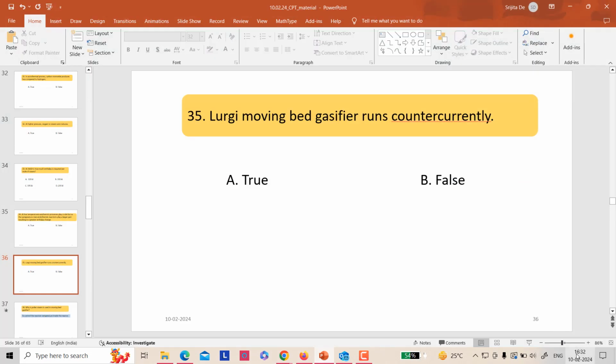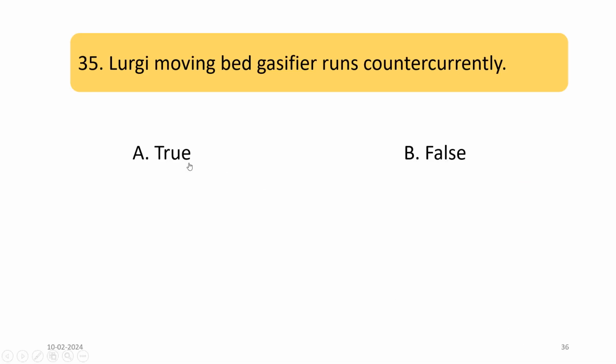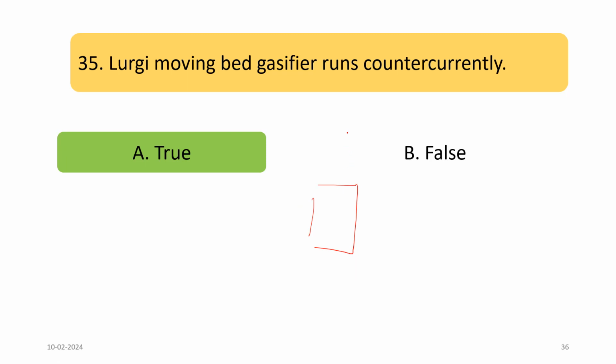No, it is true, because in the reactor here, coal is coming from one side and steam is coming from another side. So it is countercurrent.